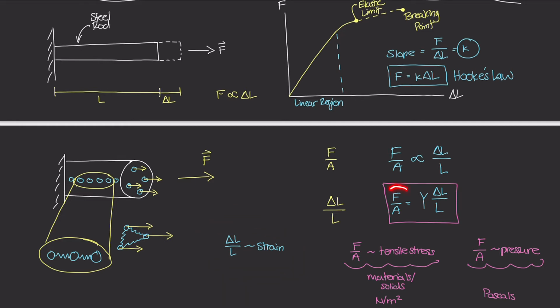So if F over A is our tensile stress and delta L over L is our strain, then we can rewrite this relationship in Young's modulus to be stress is equal to Young's modulus times the strain. This is a pretty important relationship in materials.